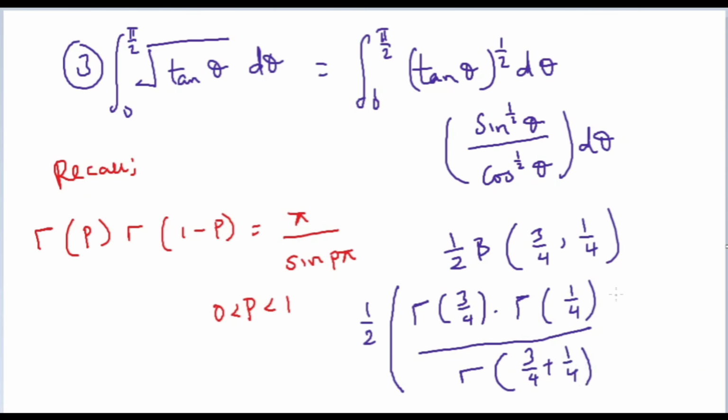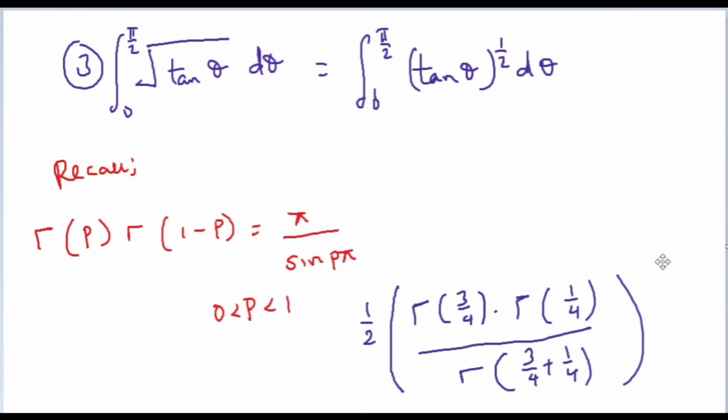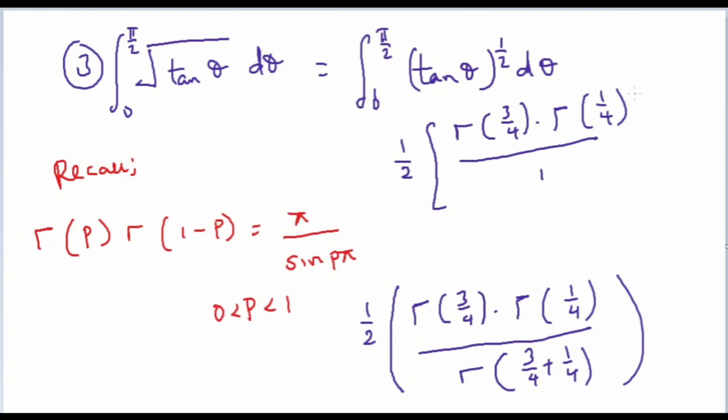It's giving me something interesting there. So I would have 1 over 2 times the gamma of 3 over 4, the gamma of 1 over 4. Is that okay? Then 3 plus 1 over 4, that's gamma of 1, and that's still 1. So it doesn't have any effect on it, actually.